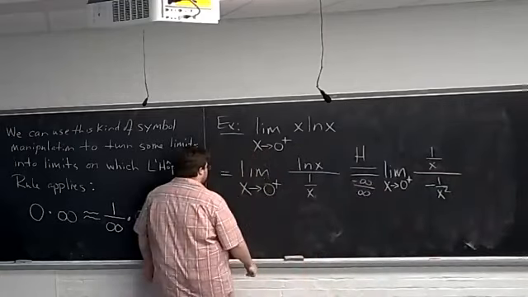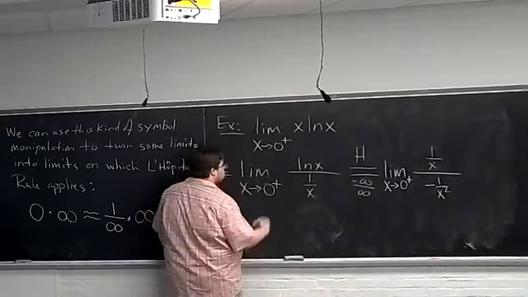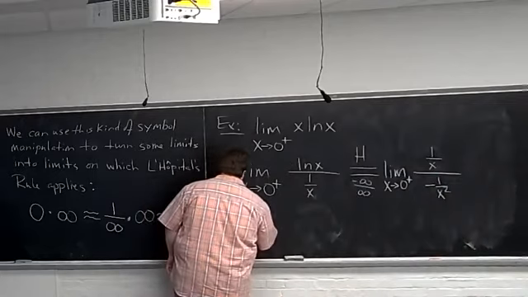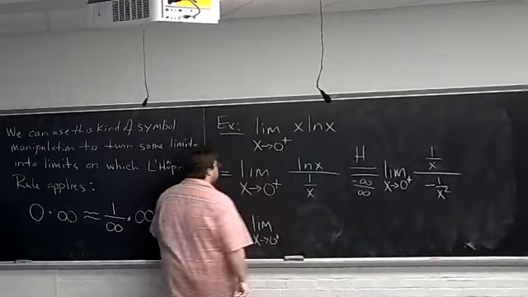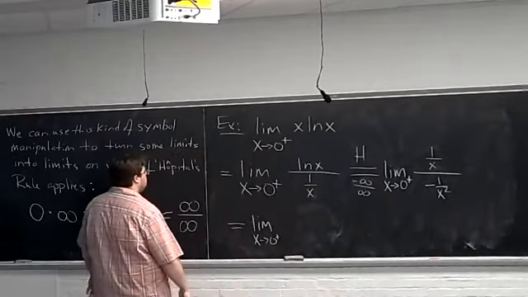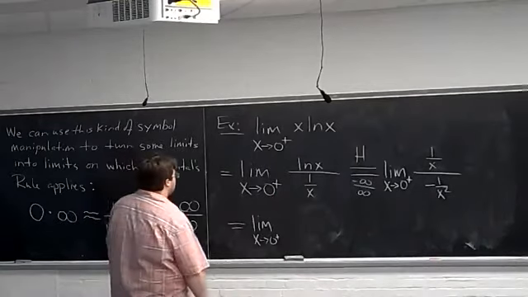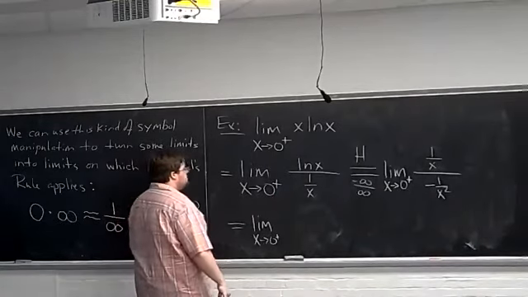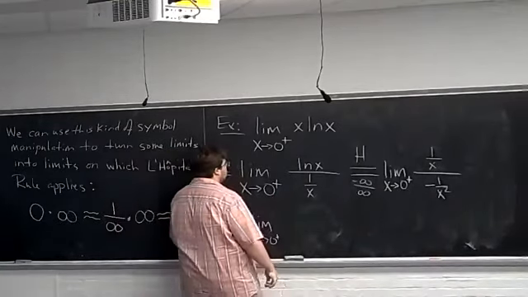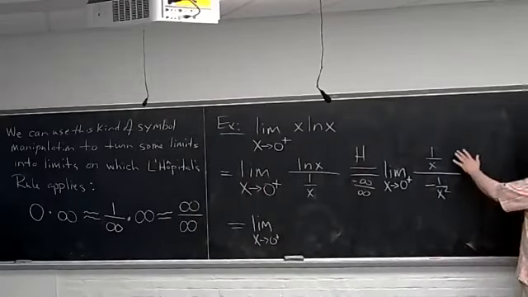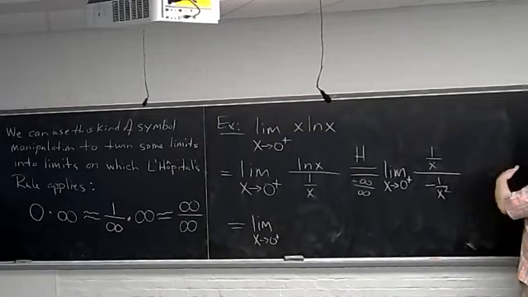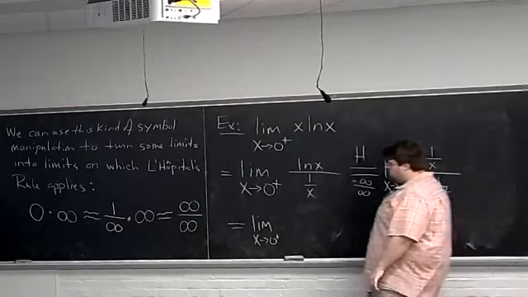Now, what can we do with that fraction? Well, we can see if any x's cancel. We still have not taken a limit, but 1 over x divided by negative 1 over x squared, or multiplied by the reciprocal. Reciprocal of 1 over x squared is x squared. So you have 1 over x times x squared with a negative.